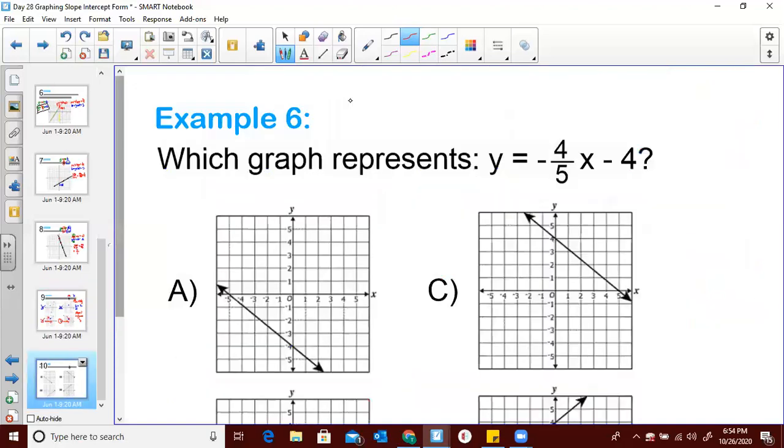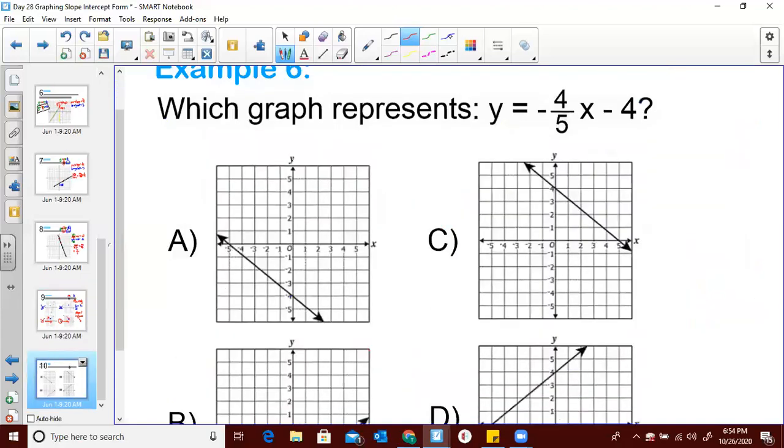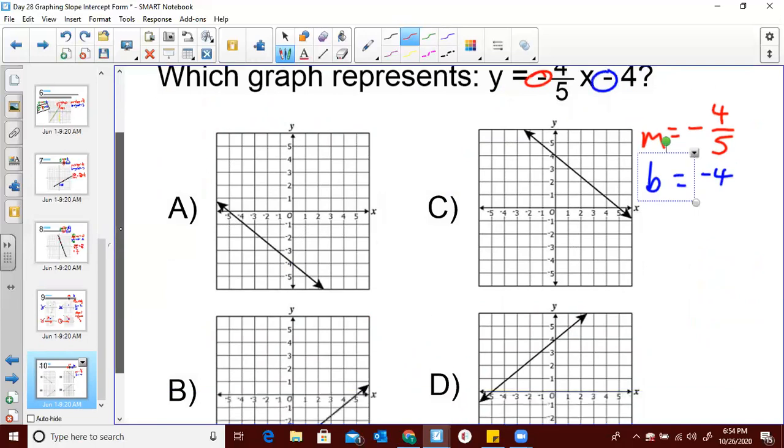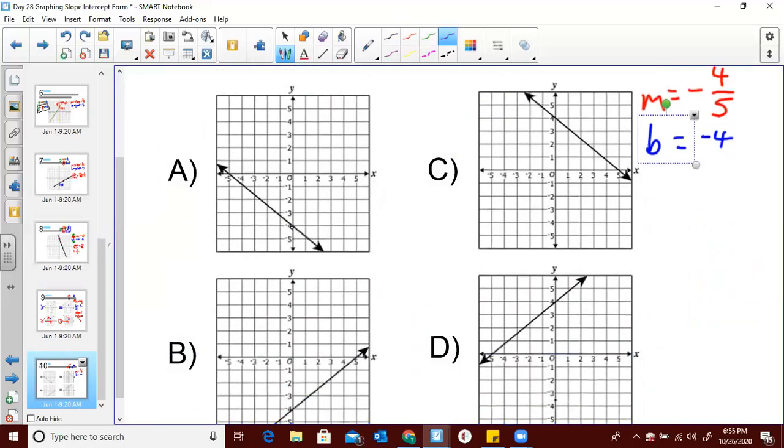All right, one more. So we know that we have our slope, we have our y-intercept, and remember our slope's always attached to that x, and that's going to be -4/5. We know that our y-intercept is -4. Let's not forget about this symbol and this symbol right here. All right, so let's go ahead and plot where y equals -4.